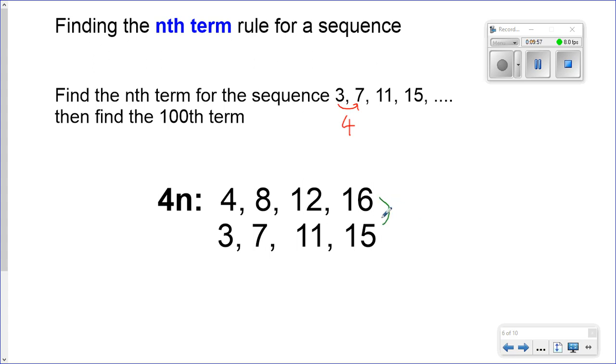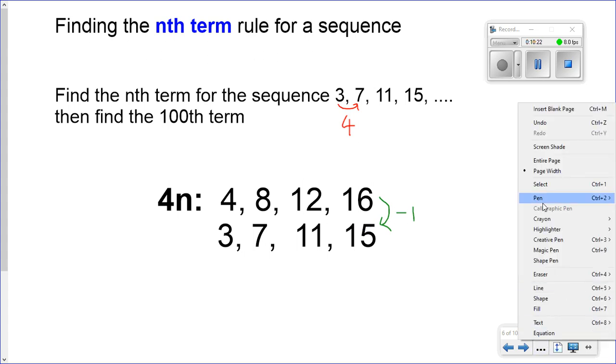Hopefully you've been able to spot it. If we take away 1 from every number in the 4n sequence, we would make the numbers in our sequence. 4 take away 1 is 3, 8 take away 1 is 7, 12 take away 1 is 11, 16 take away 1 is 15. So what is our rule going to be then?